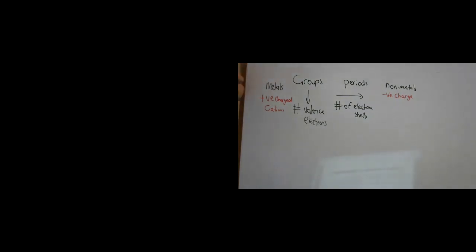What else? So if I get rid of this, try not to go too far. I'm guilty of going too quickly if you're writing notes. So if we're looking at the groups, 1, 2, we don't take into consideration the transition metals.